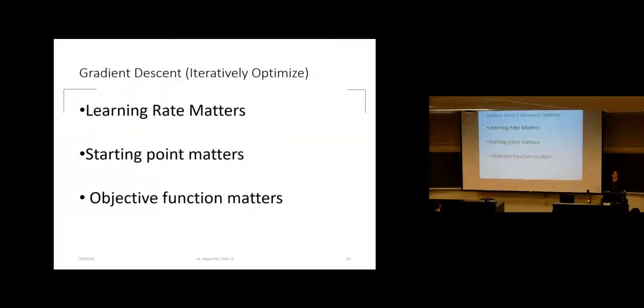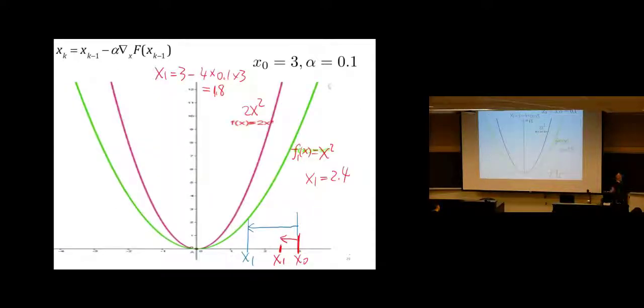So the last thing I want to tell you is the objective function matters. It's related to the question you ask. Assume the first function is x quadratic, and my second function is 2x quadratic. Even with the same starting point and the same learning rate, it really has different behaviors.